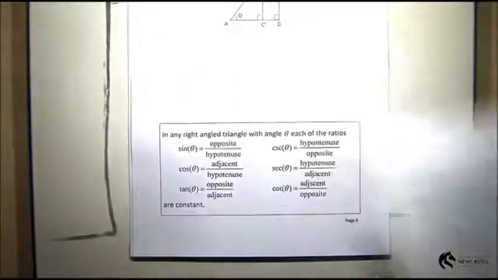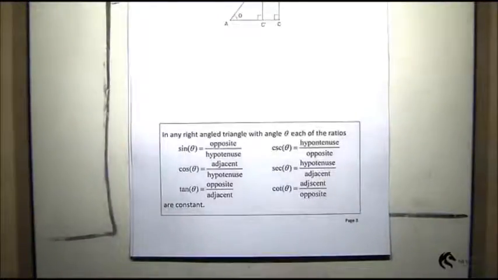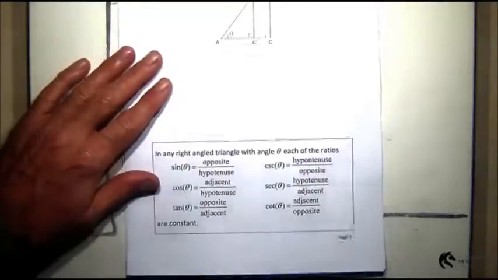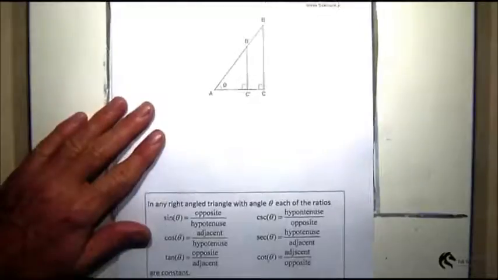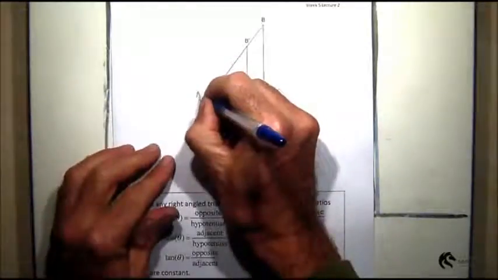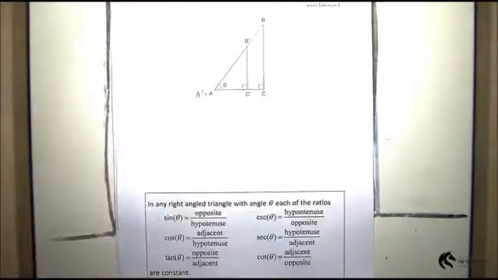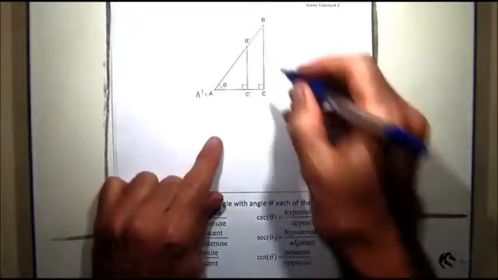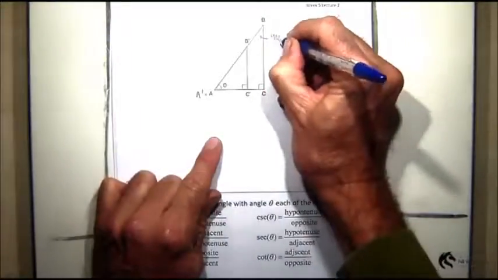So let me come over here. On the next sheet, I've drawn these 2 triangles on top of each other with A and A dash in the same spot. So here's my little triangle, here's my big triangle. As we said before, we know that angle has to be 90 minus theta.